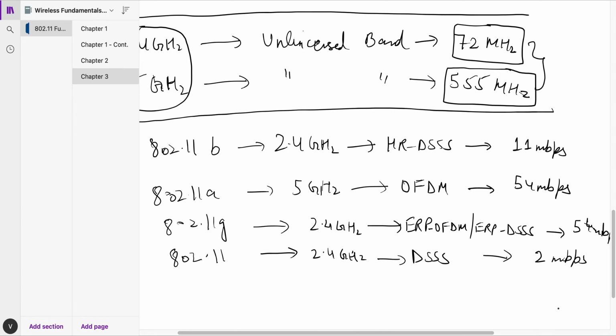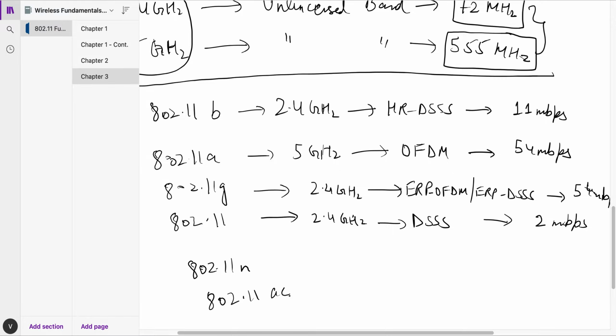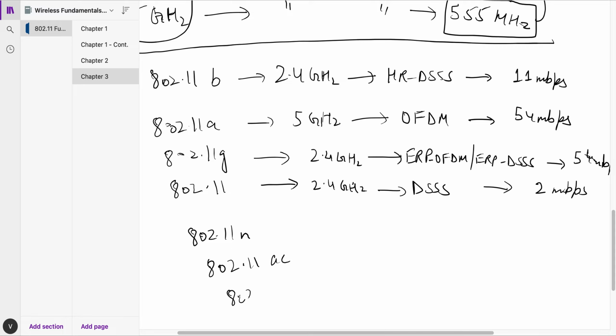Okay. Of course, we also got some other standards like 802.11n, 802.11ac, and now we also have 802.11ax. Before we go into detail about these three standards, I'm anyway going to create a different video for all of you to get an understanding of these three very important standards in the Wi-Fi world.